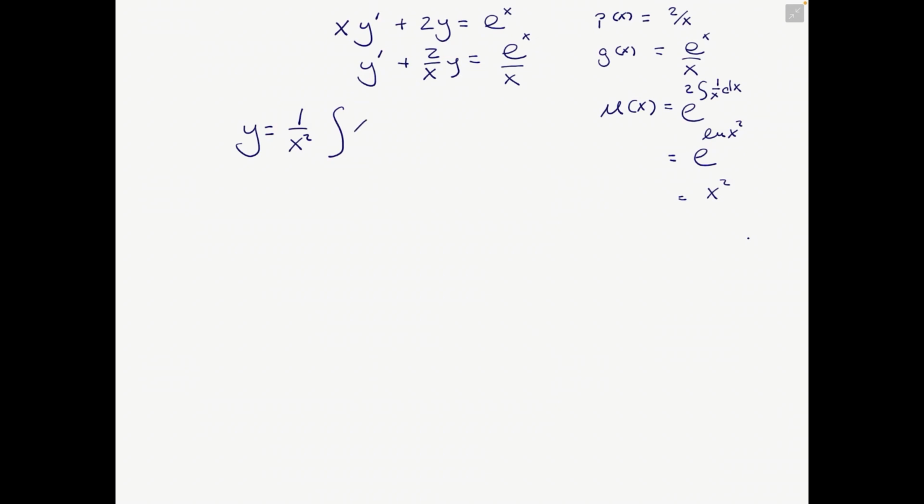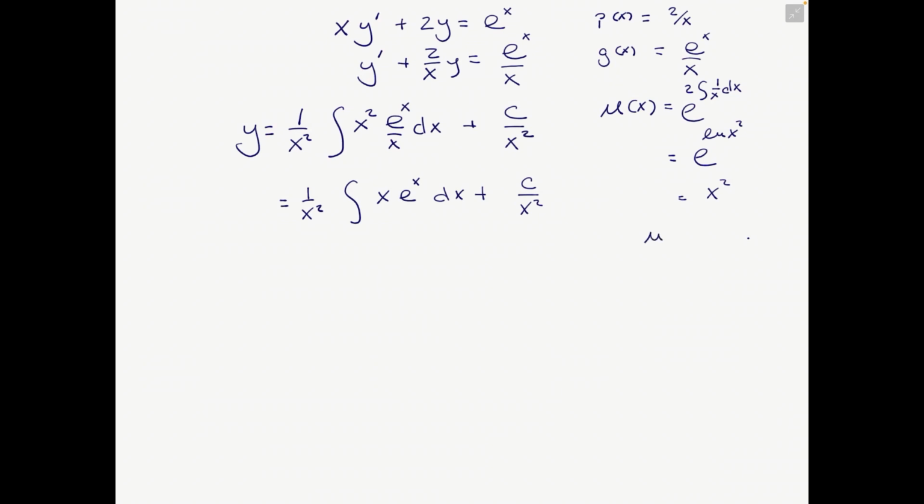Mu of x is x squared e to the x on x dx plus c on x squared. So here we go. This is equal to 1 on x squared, we have x e to the x dx plus c on x squared.